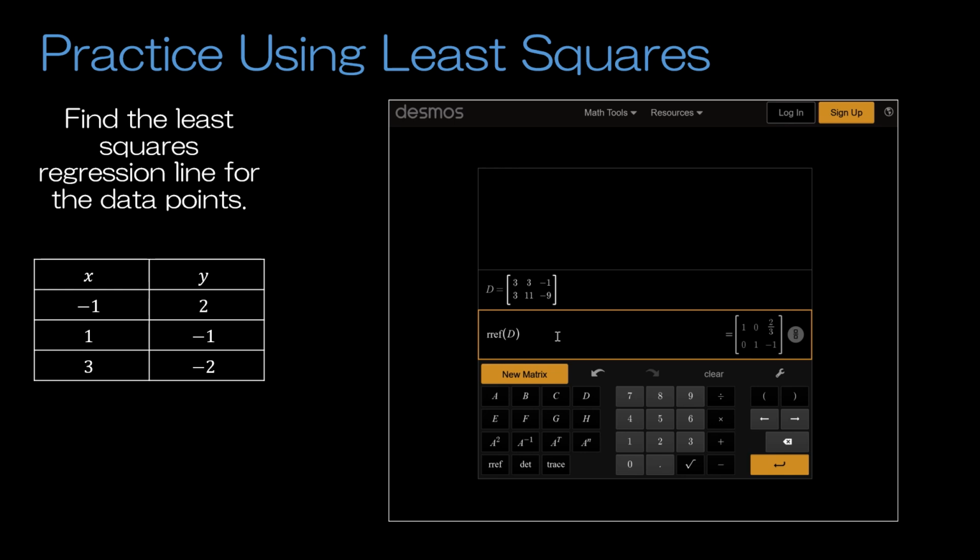Reduce that, again, just using Desmos, and that gives me 1, 0, 2/3, 0, 1, negative 1, which means in my linear equation, 2/3 is the constant, and negative 1 is the slope.